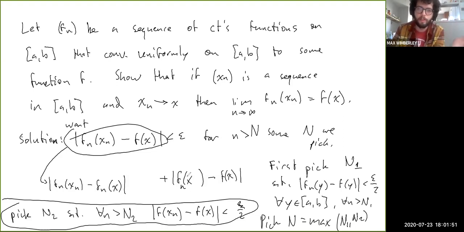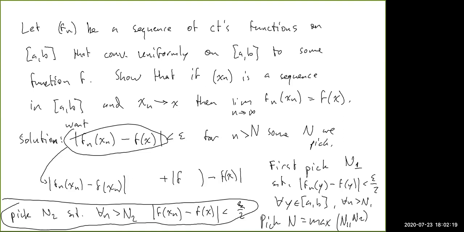So that's why you have to use the limiting function. But we know the limiting function is continuous because continuous functions converge uniformly to continuous functions. So we are implicitly using the continuity of fn when we say this is possible. Okay, hold on, let me go back to what we had before. Yeah, that makes more sense.